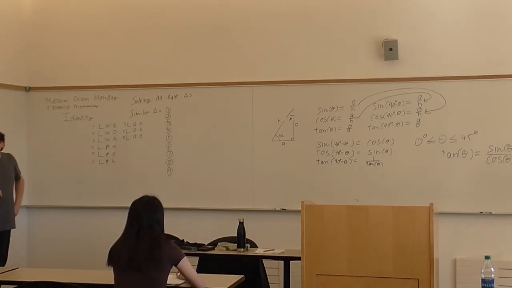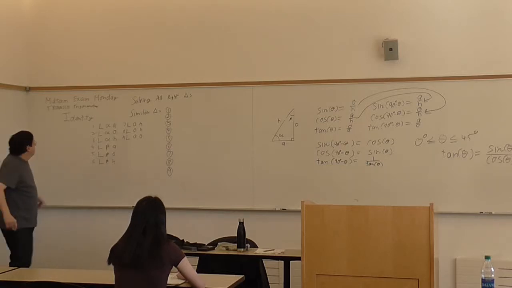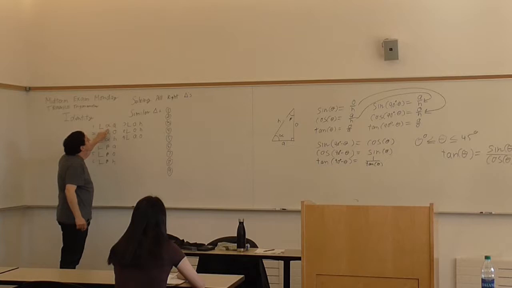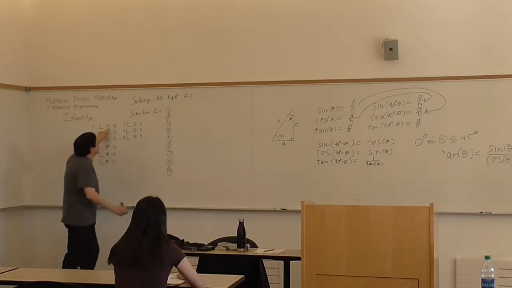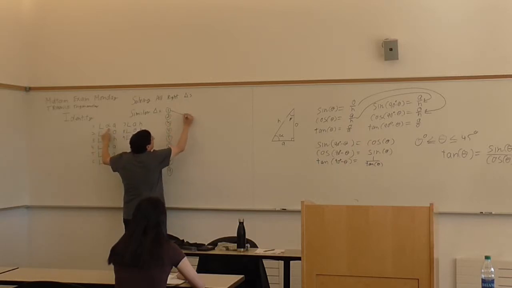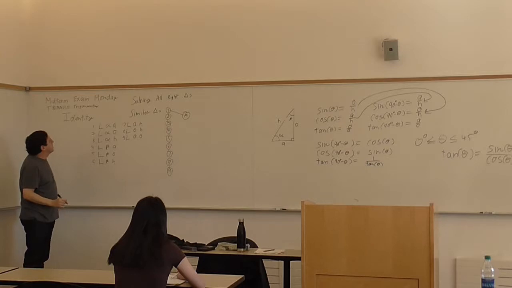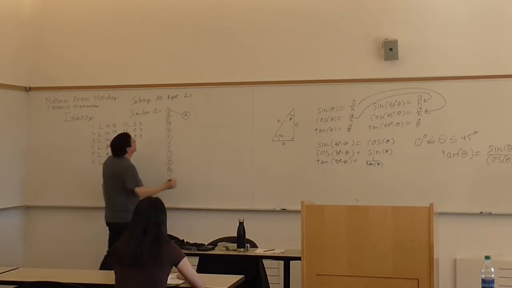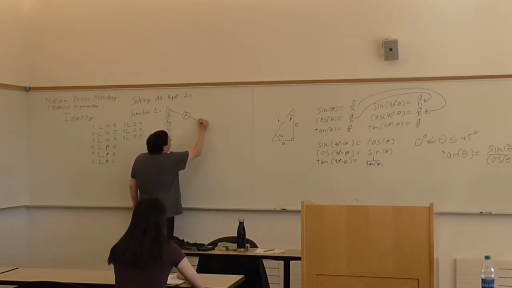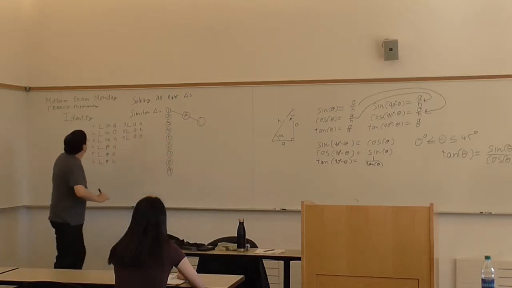Just call that process capital A for angle. Okay, so we know all three angles here, so we'll have our A process. And that's going to give us, we're going to call it 1.